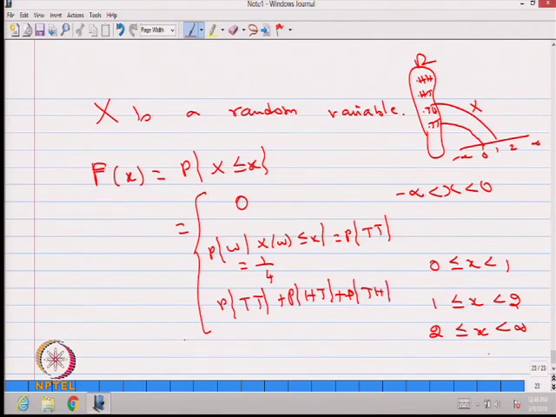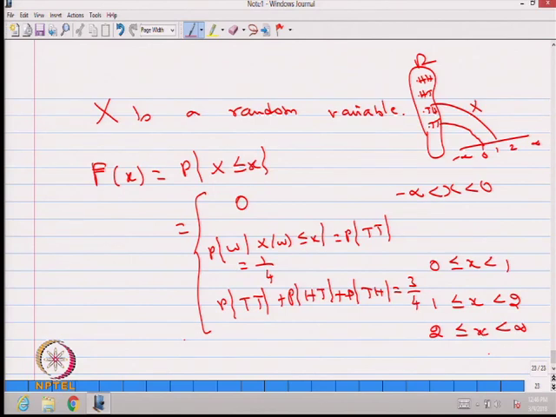So, all these possibilities give the value of the probability of X less than or equal to x when x lies between 1 to 2. We know that the probability of tail-tail is 1 by 4, head-tail is another 1 by 4, tail-head is another 1 by 4. Therefore, the probability is going to be 3 by 4.